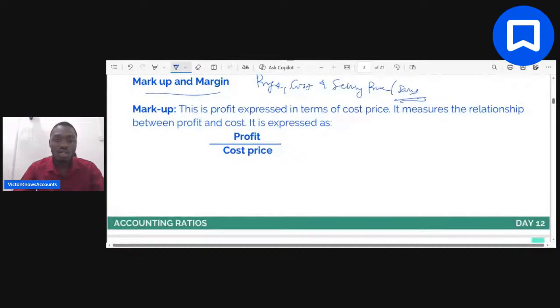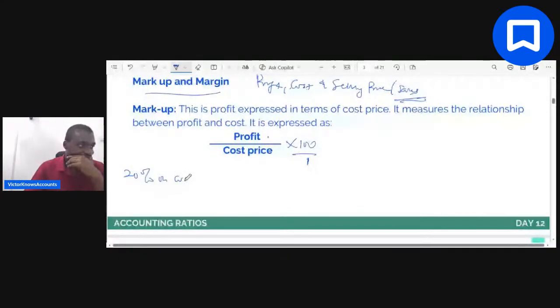So this is 20% on cost. Do you understand that? You can say I want to make 20% on cost.